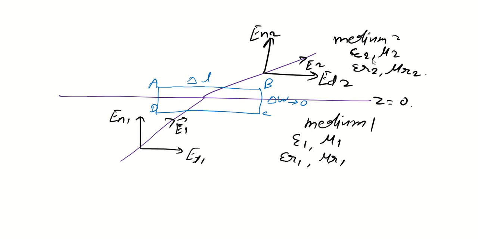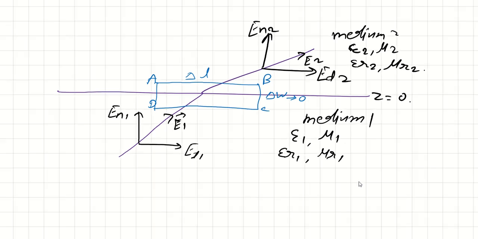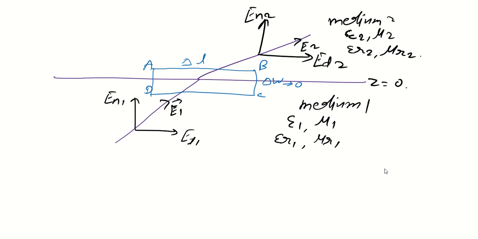Medium 2 has permittivity epsilon 2 and permeability mu 2, with relative values epsilon R2 and mu R2. Similarly, medium 1 has epsilon 1, mu 1, epsilon R1 and mu R1. We will derive the relation based on Maxwell's equation that we know.